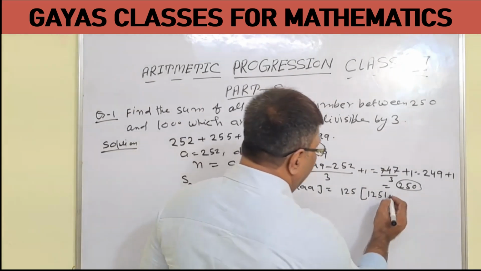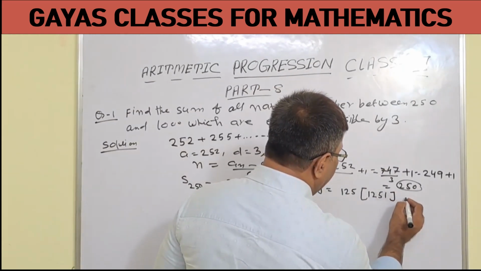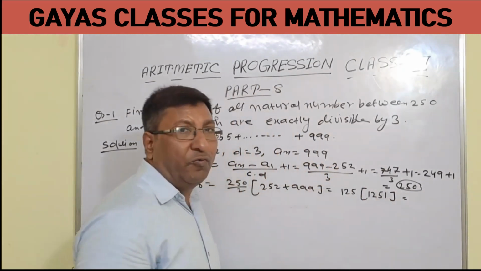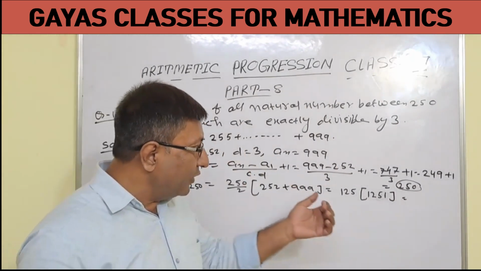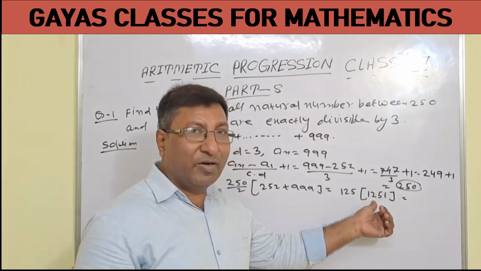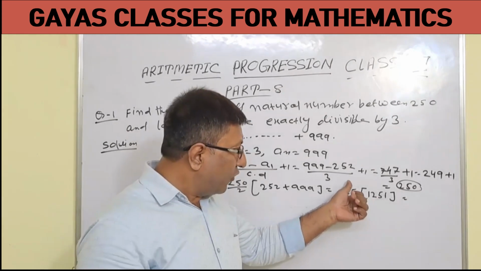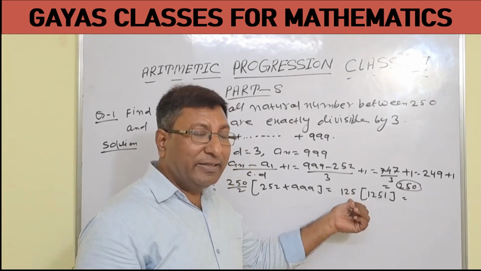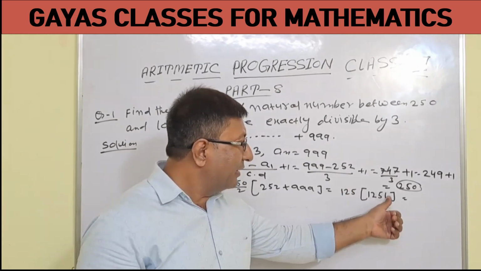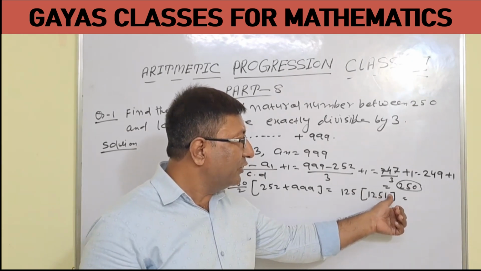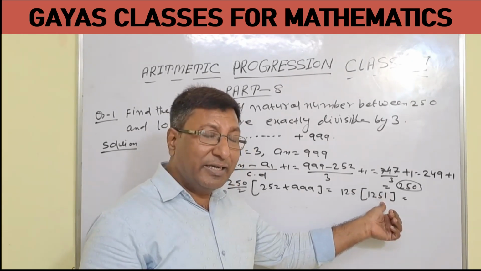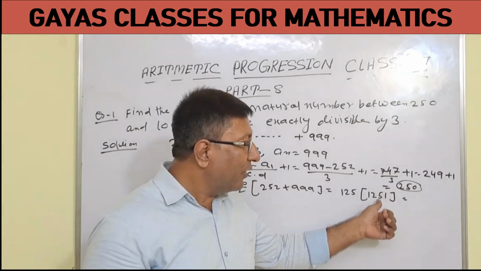Now we have to multiply 125 by 1251. The trick is: when you are multiplying any number by 125, just forget the 125 and imagine three zeros after the given number, then divide by 8.